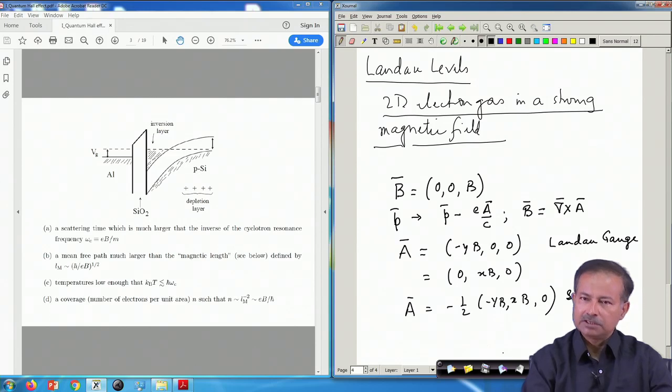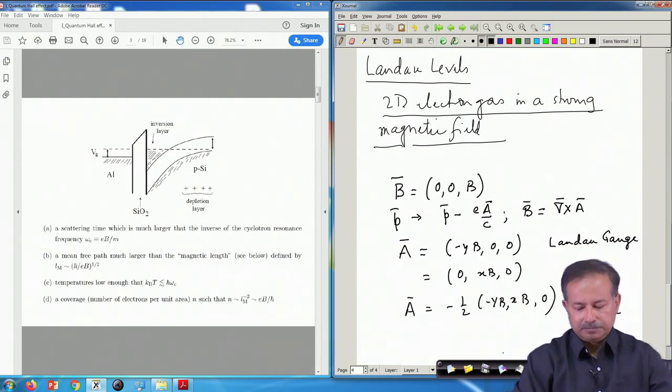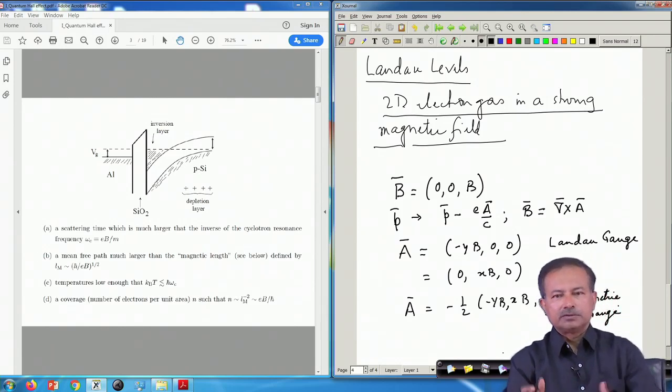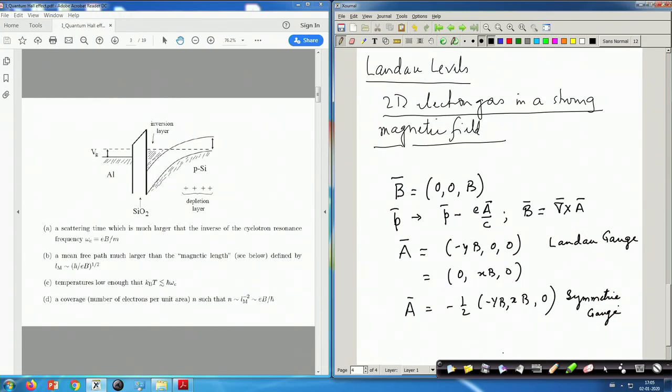You can work in any gauge you like, and different books or different notes you will find work in different gauges, and we will not discuss much of it. We will choose one particular gauge, which is the first one that I have written down, this one, and we will stick to that.